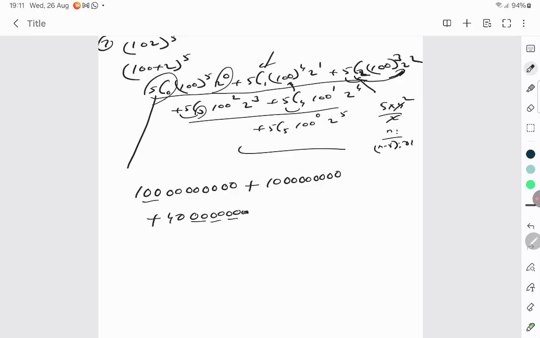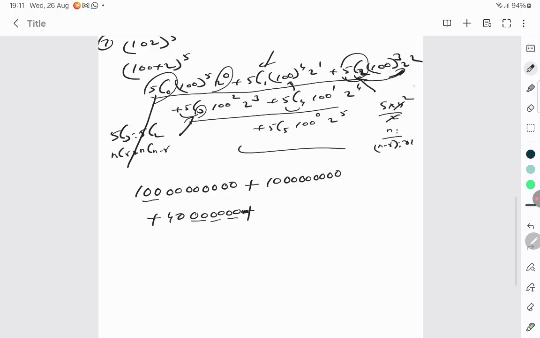Next is 5c3. 5c3 is the same as 5c2, because nCr is the same as nC(n minus r). We just calculated 5c2 to be 10, so write 10 here also. 2 to the 3 is 8, so 80, with 100 squared giving 4 zeros.